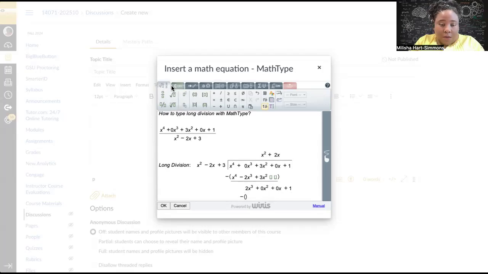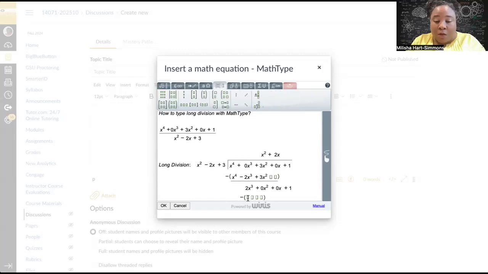And so here I'm going to use the 4 rows, 4 columns, 1 row, so 1 by 4. And so 2x times x squared will give us that 2x cubed that we are looking for.